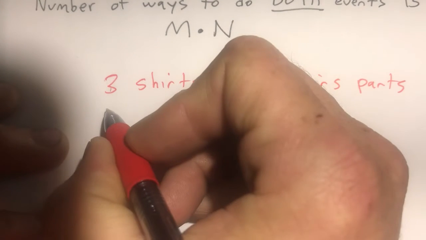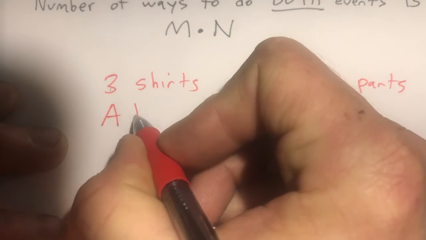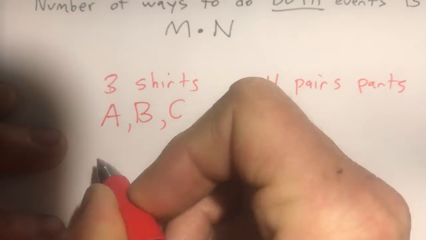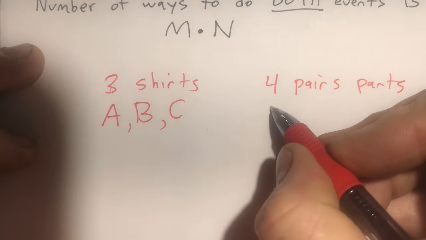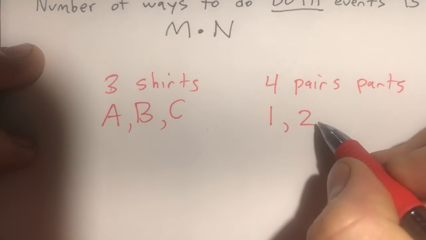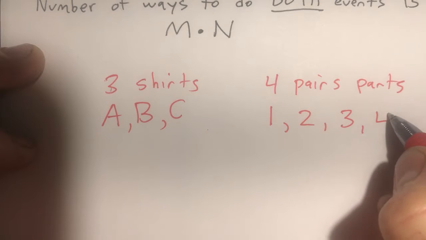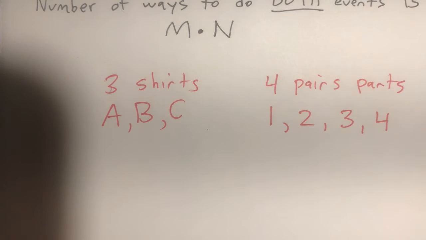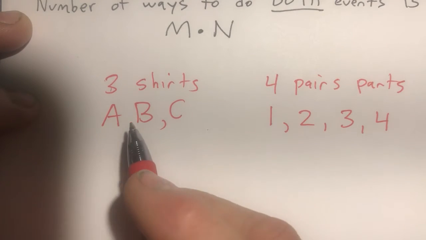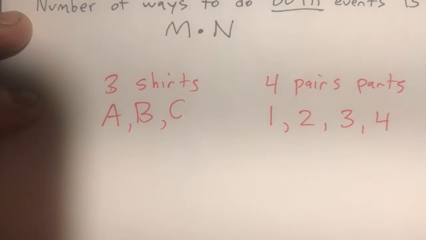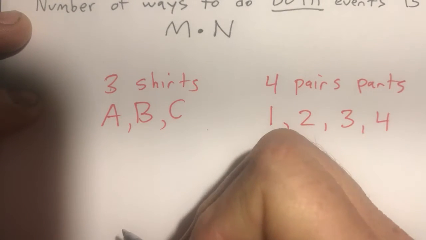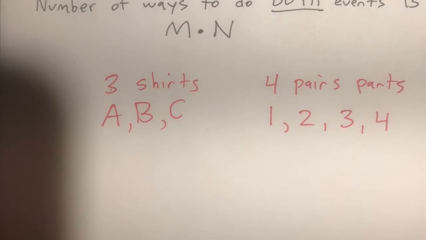We'll call these 3 shirts A, B, and C, and his 4 pairs of pants we'll call pants number 1, number 2, number 3, and number 4. The answer to this is going to be 3 times 4, which is 12. There should be 12 different outfits he can wear.